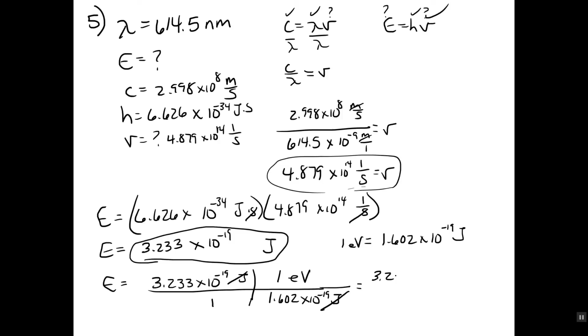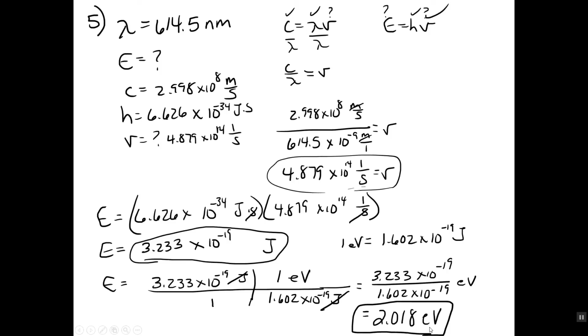Let me write that just in case so nobody gets lost. So remember, we multiply straight across the top, straight across the bottom, labels eV. And so you divide those two values and you get a value of 2.018 electrovolts. And that is that answer.